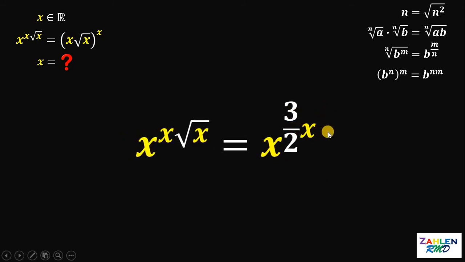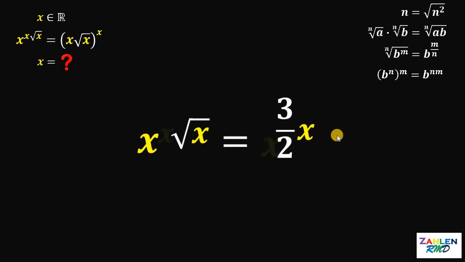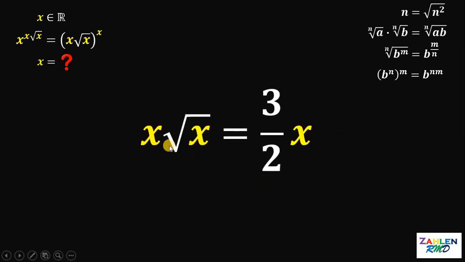Now since we have the same base and we know they are equal, therefore we can say that their exponent must be equal. So we have x times square root of x equals 3 over 2 times x. Now if we divide both sides by x, we can cancel out x on the right hand side and on the left hand side.